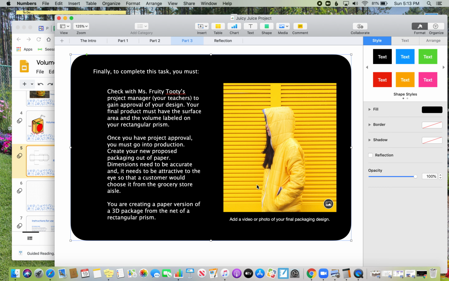On this page, this is where you'll put a photograph of your final product, which is the actual paper version of your 3D product. And of course, it needs to be accurate as far as the dimensions that you're using, and it also needs to be decorated to look like a juice container that you would find at the grocery store.